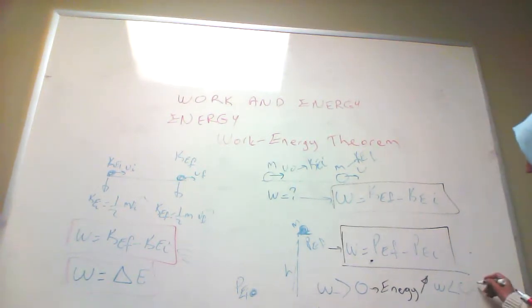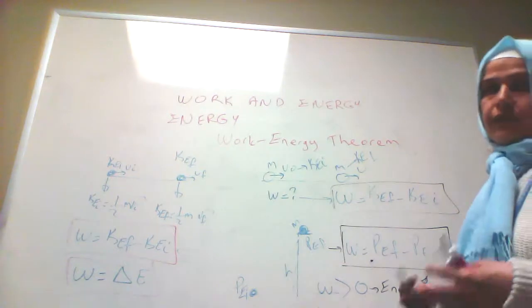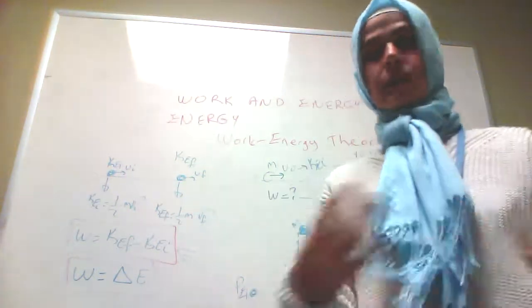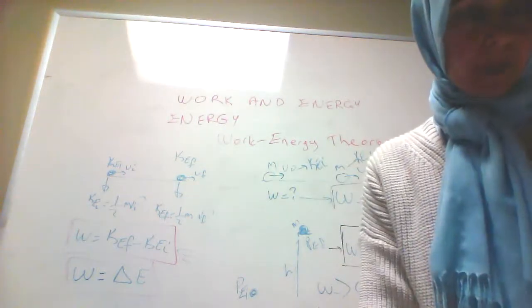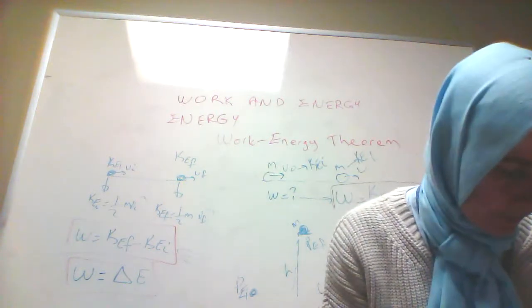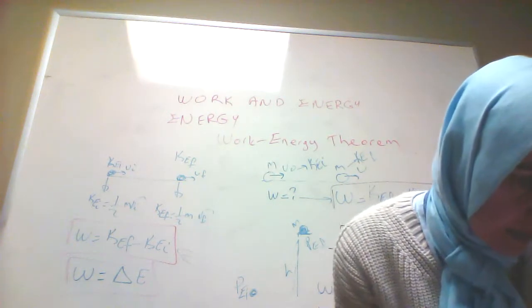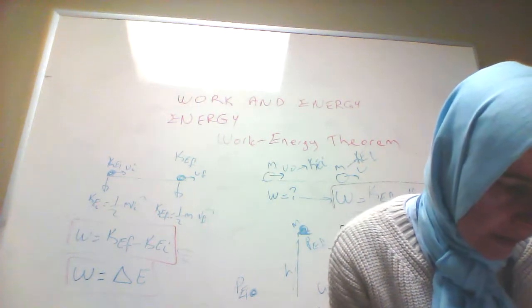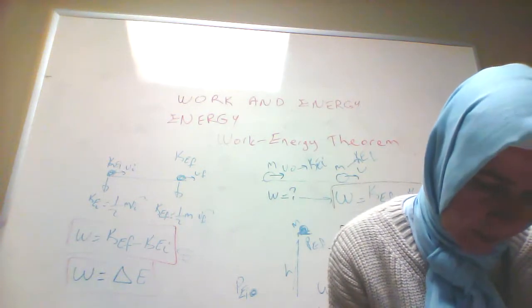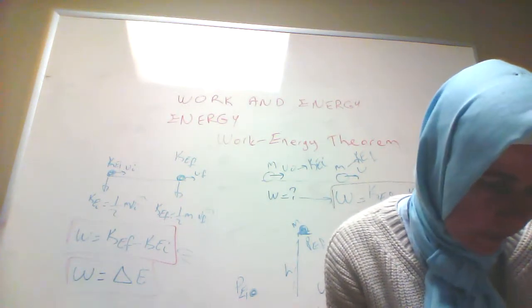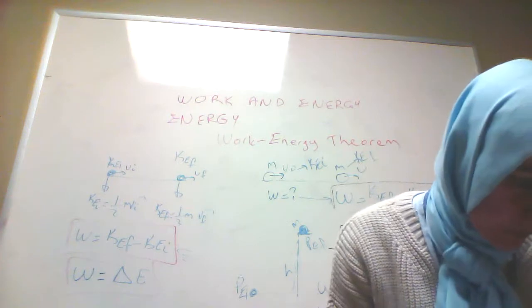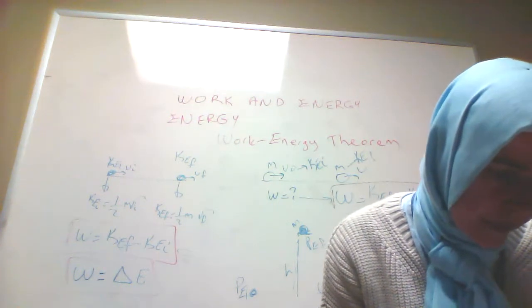And if it's smaller than 0, that means energy is decreasing. It makes perfect sense then to have positive, negative, or 0 work done in the system. And let's see if I have any examples of this. If not, I'll find some.